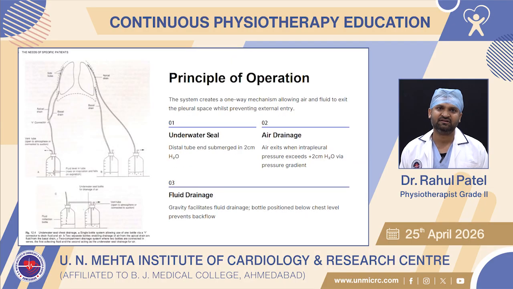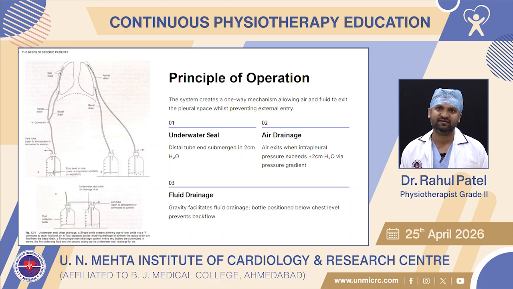Principle of operation. Let's see the image. How to insert chest drainage, single bottle, double bottle. The system creates a one-way mechanism allowing air and fluid to exit the pleural space whilst preventing external entry.